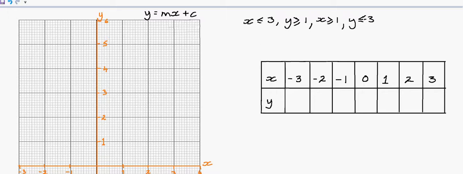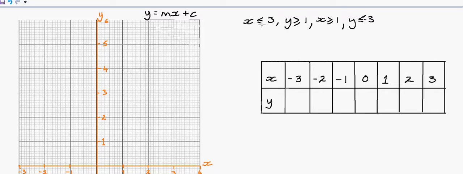So the reason that this is simple, okay, we ignore all the signs for the moment and we make everything equal. So x equals 3, y equals 1, x equals 1, and so on. So we go to where x equals 3 and we draw a line.